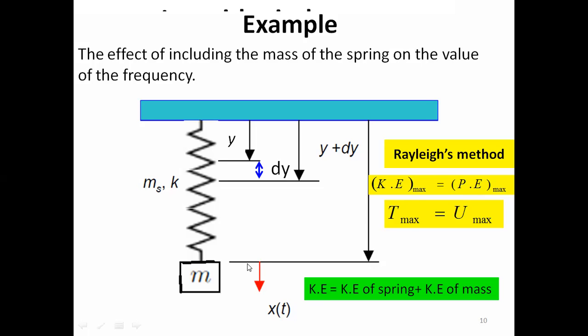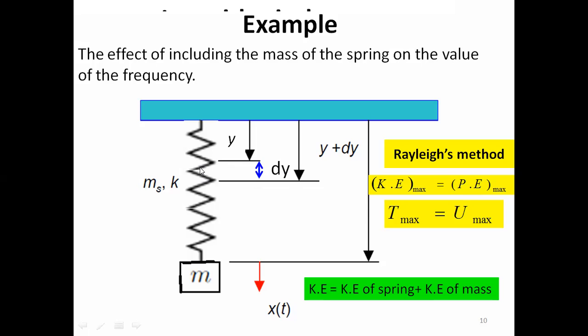So for the derivation, we know that this mass would be moving, let's say in this direction at this instant, and the displacement is x of t. The length of the spring at this instant, let's say, is L. And I am taking an infinitesimally small portion of the spring, and let's say the length of this small portion is dy.